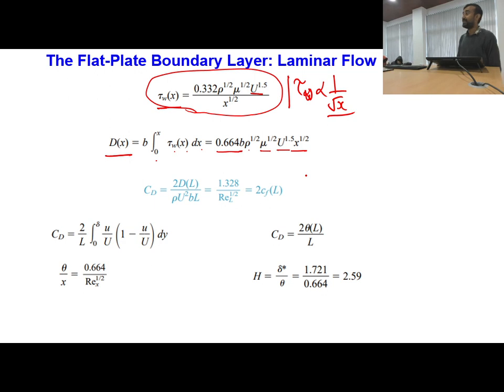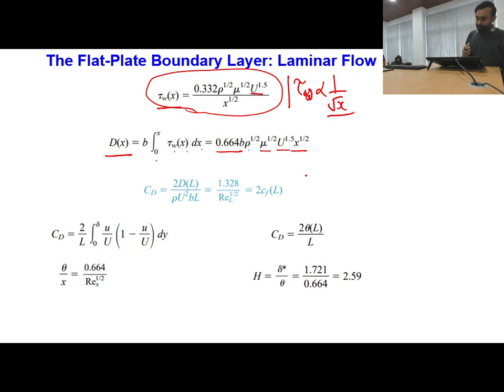So drag force is proportional to the square root of x. Whenever you move along x over a flat plate in a power law fashion, your drag force will keep on increasing if you increase the length of the plate.